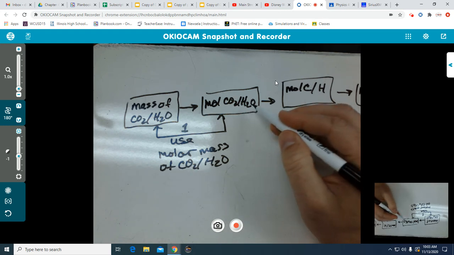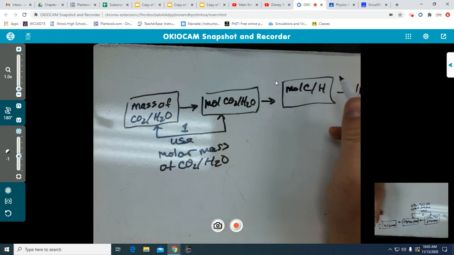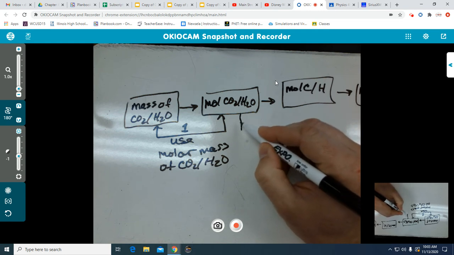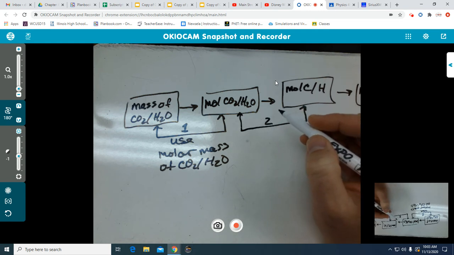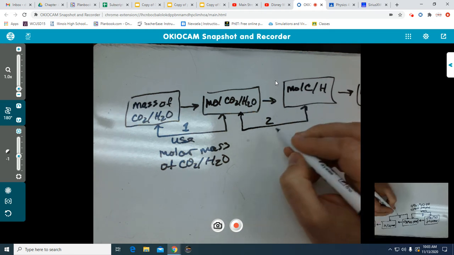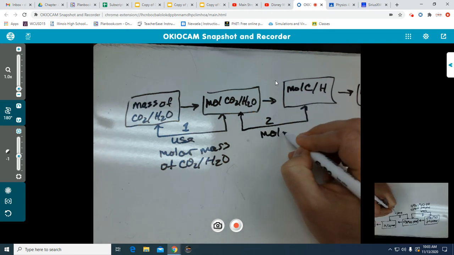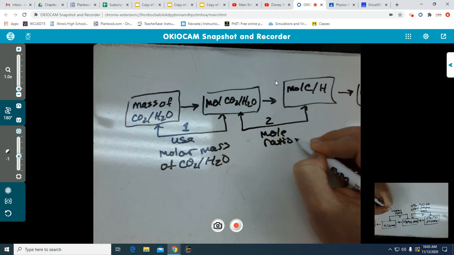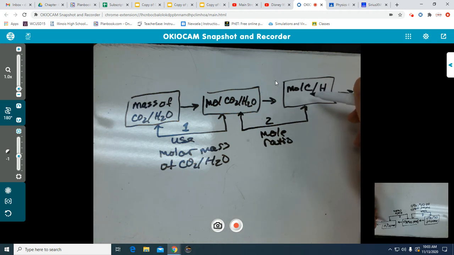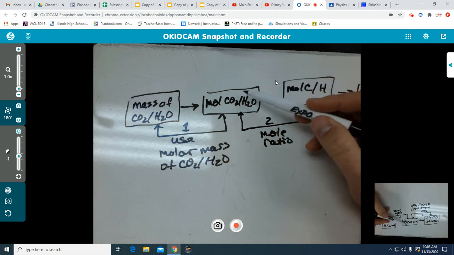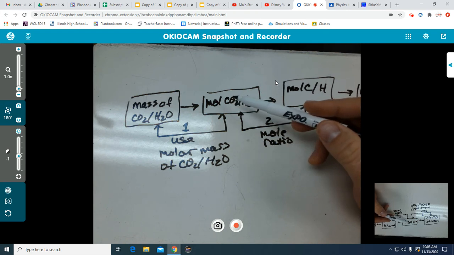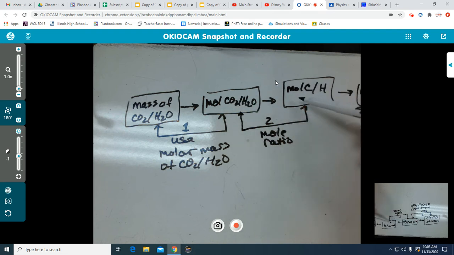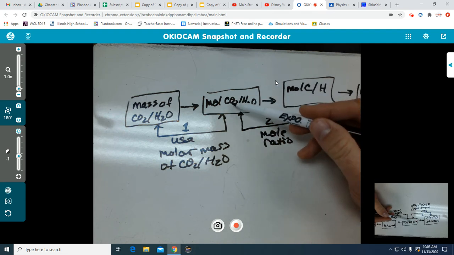To go from moles of CO2 and H2O to moles of carbon and hydrogen, you are going to use the mole ratio. So, if you're finding for carbon, you're going to refer back to how many carbons are in a mole of CO2. So how many moles of carbon are going to be in a mole of CO2? So you have to look at the subscripts.